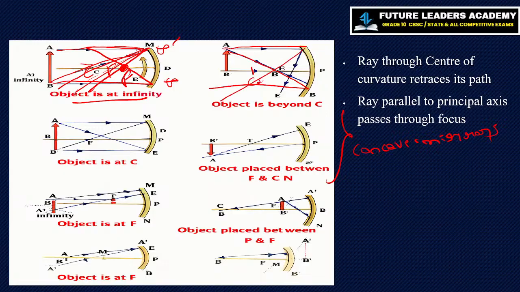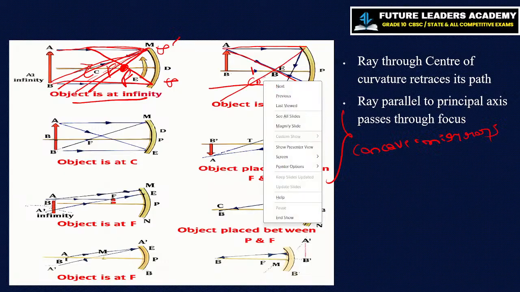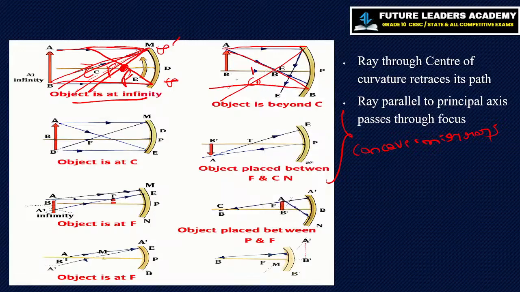It will form in front of C, between F and C. There is a small variation in the images here. This ray goes in a straight line, passes through the focus point.